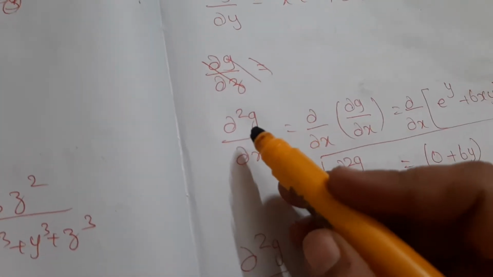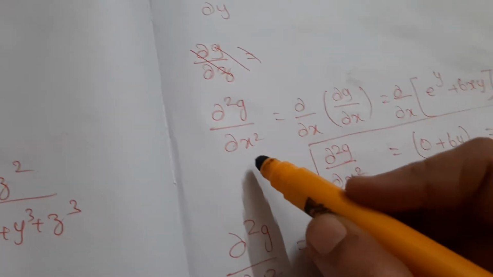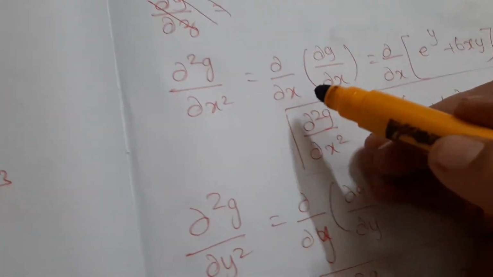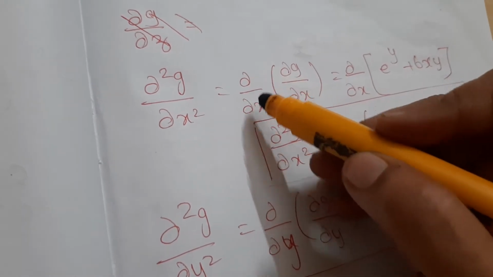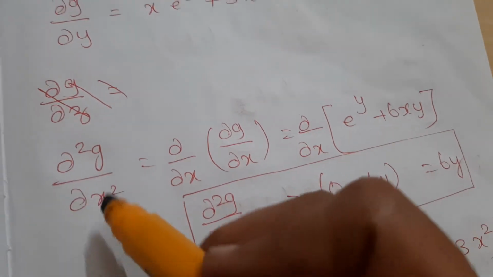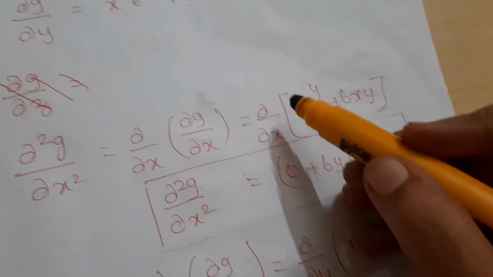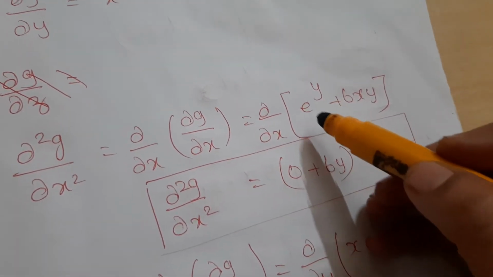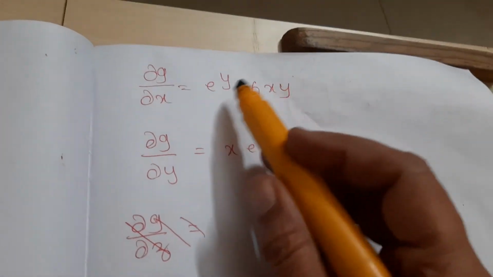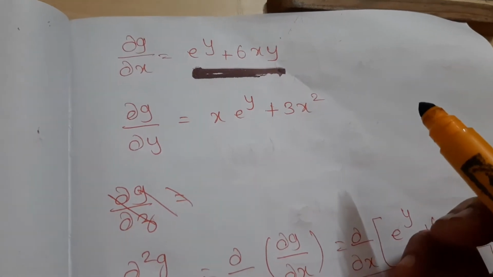Now I want to find the second derivative of g with respect to x partially. So dou square g by dou x square is nothing but dou by dou x of dou g by dou x. So whatever answer you got for dou g by dou x, this must be differentiated again with respect to x partially.